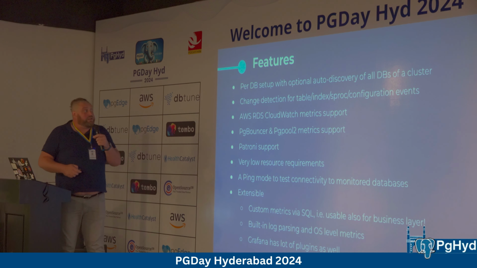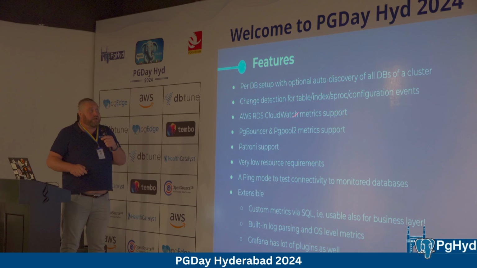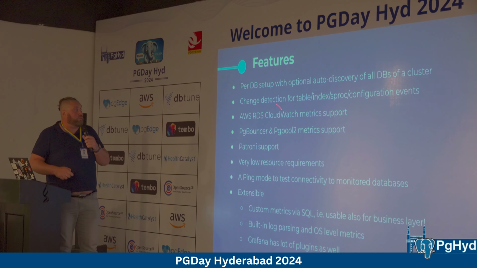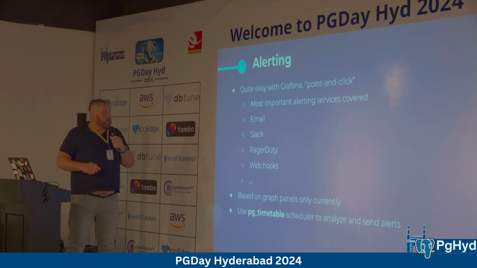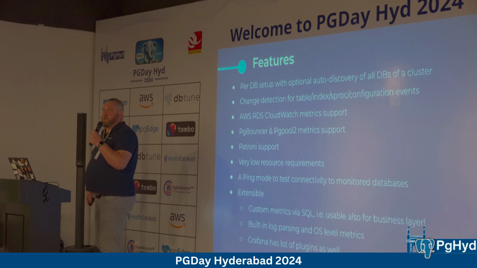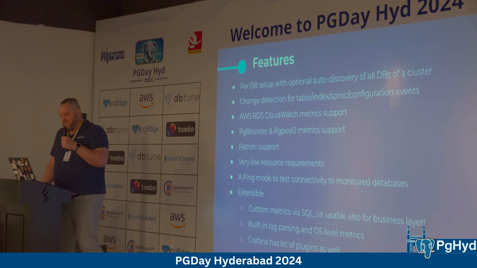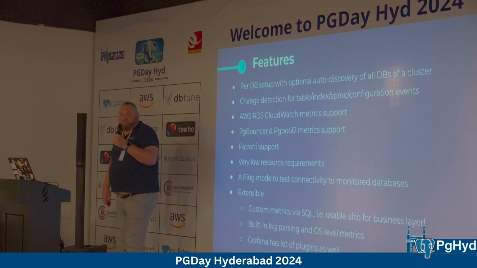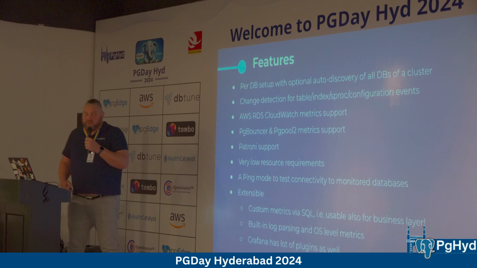We can detect changes in tables, indexes, procedures, etc. Of course, we have support for the cloud, for AWS, for Google Cloud, for Azure, for whatever. And we have specific metrics for PgBouncer or PgPool. Not much, but if you're interested, that's cool.